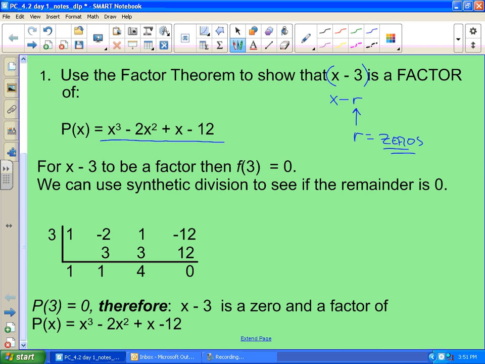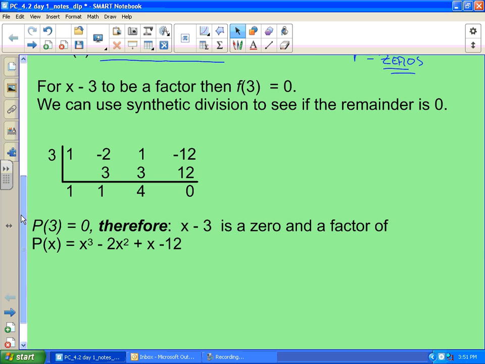If my remainder is 0, that r is going to be one of my zeros. And so we set this thing up with synthetic division. Here we are looking for a proof that f of 3 is indeed equal to 0.